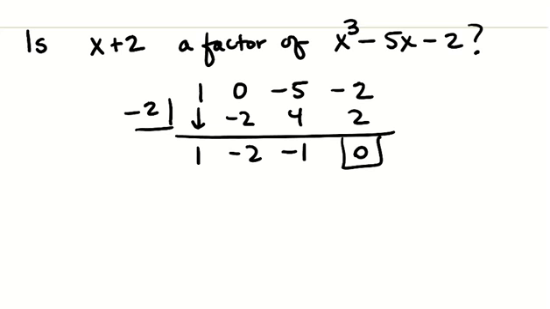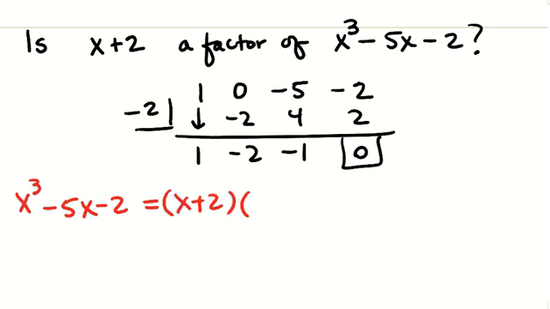So if there's a remainder of 0, that indicates that it's going to divide cleanly, that x to the third minus 5x minus 2 divided by x plus 2 has no remainder, and therefore it's going to be a factor, because you can write it as x to the third minus 5x minus 2 equals x plus 2 multiplied by, and then we read the coefficients off of the bottom to get the quotient, x squared minus 2x minus 1.